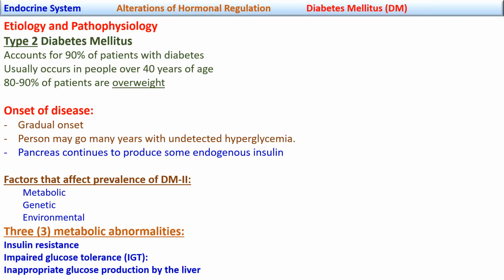Impaired glucose tolerance is due to either decreased secretion of insulin or enhanced hepatic glucose output, which, in other words, we call pre-diabetes.